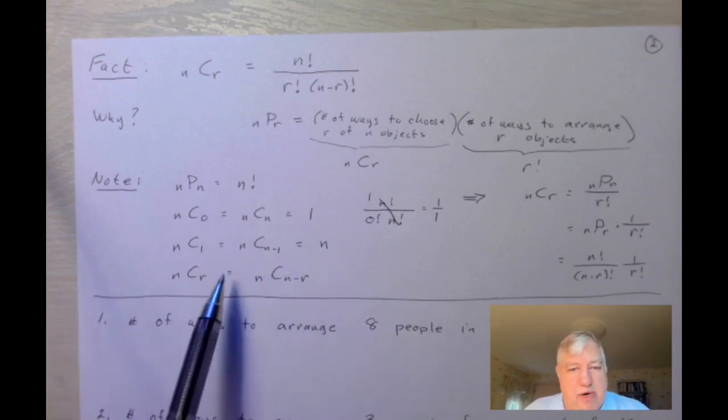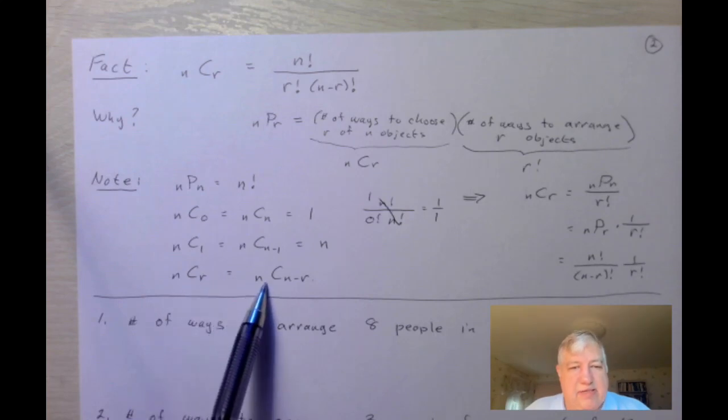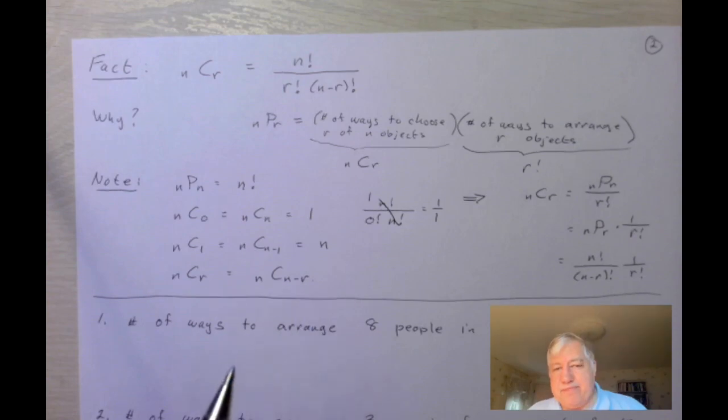And a more interesting formula is that nCr is always equal to nC(n minus r). The reason for that is whenever you choose a subset, you have n objects, you choose r of them. At the same time, what you have left over is a set of n minus r objects.